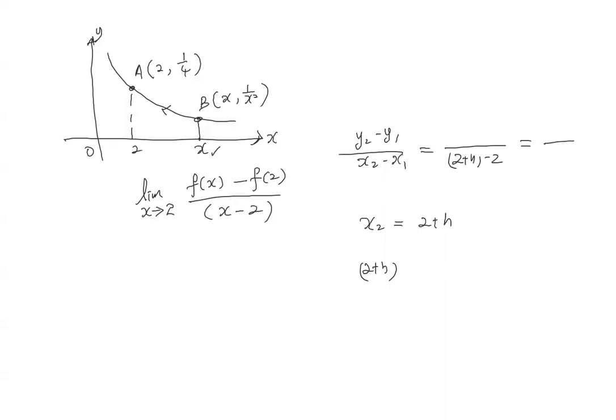That's why at the bottom here, I get h. Are you okay? But for this one, the bottom, I have x minus 2, because it's the difference of the x coordinates. You see?